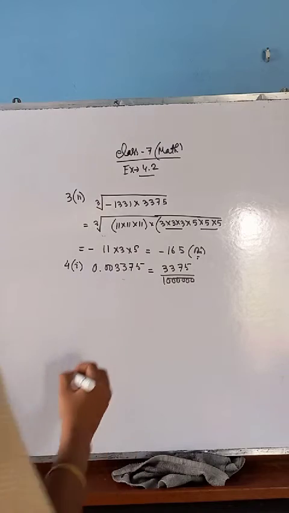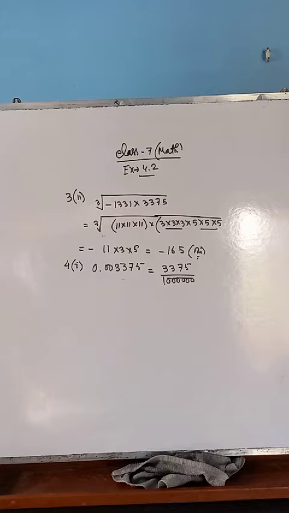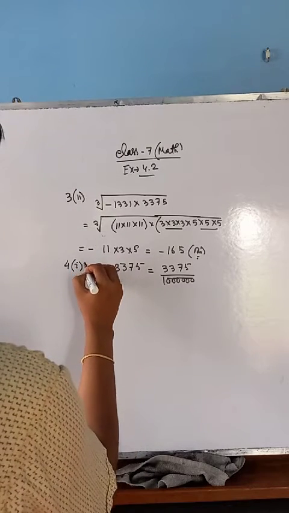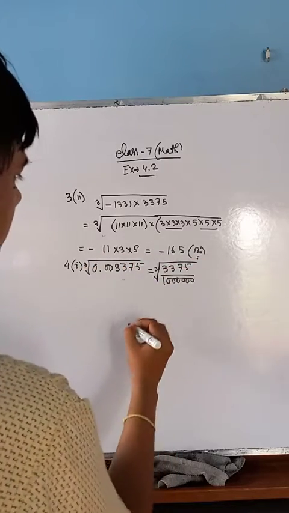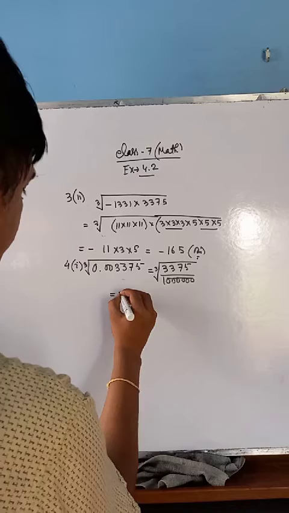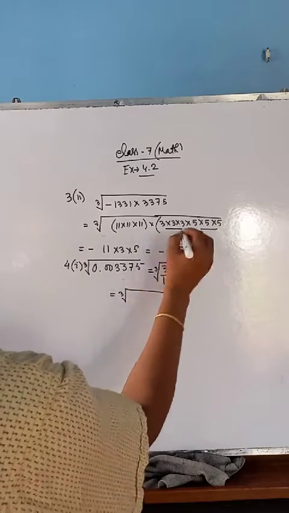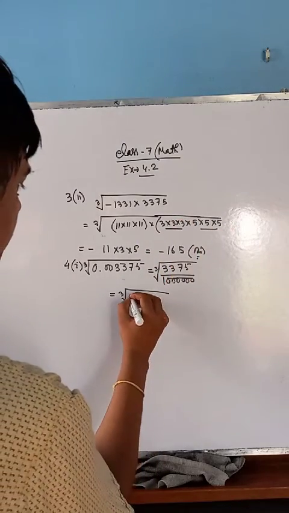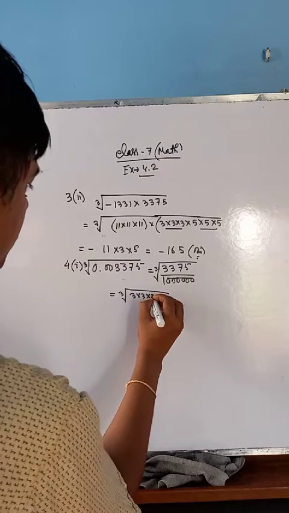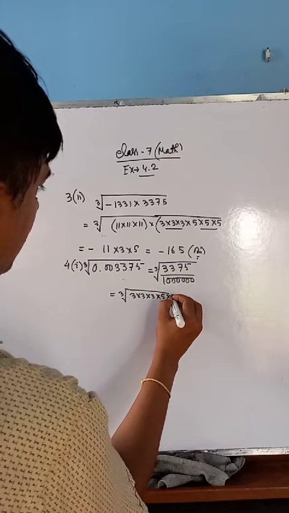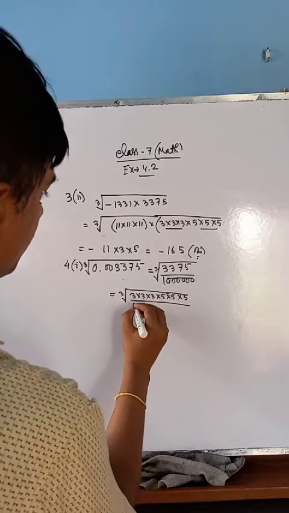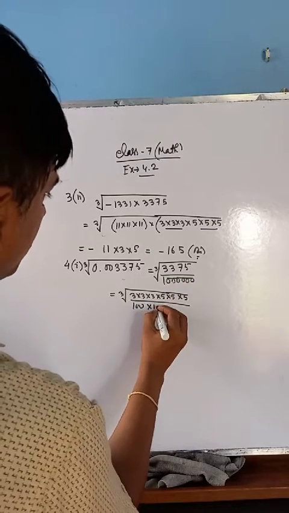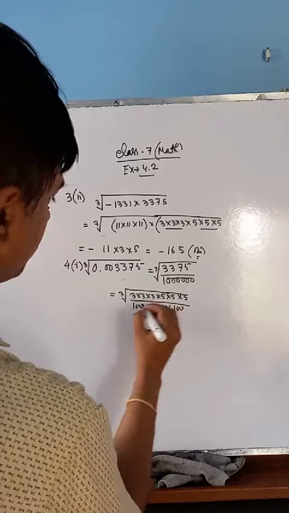What does the question ask? The cube root of this. 3375 means we can understand it from there: 3 into 3 into 3, 5 into 5 into 5, over 1000000.